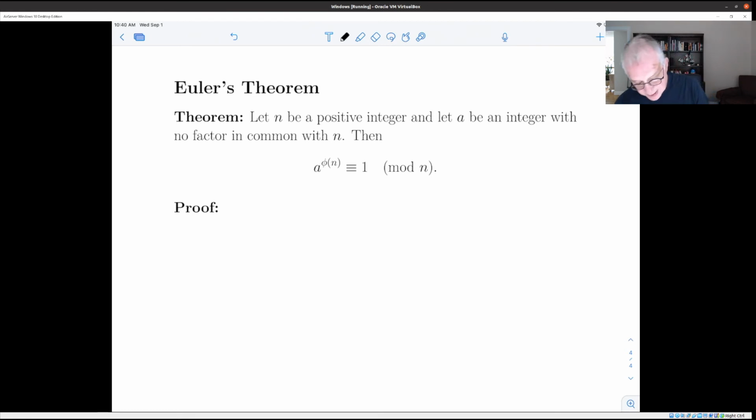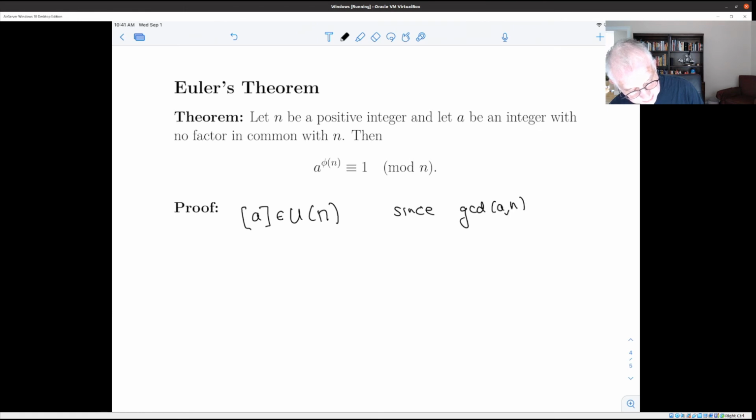And the proof here is basically the same as the proof of Fermat's little theorem, because we take the residue class of a in U(n), since the GCD of a and n is 1. That's one of the hypotheses. And that's what it means to say that the residue class of a is an element of this group U(n).